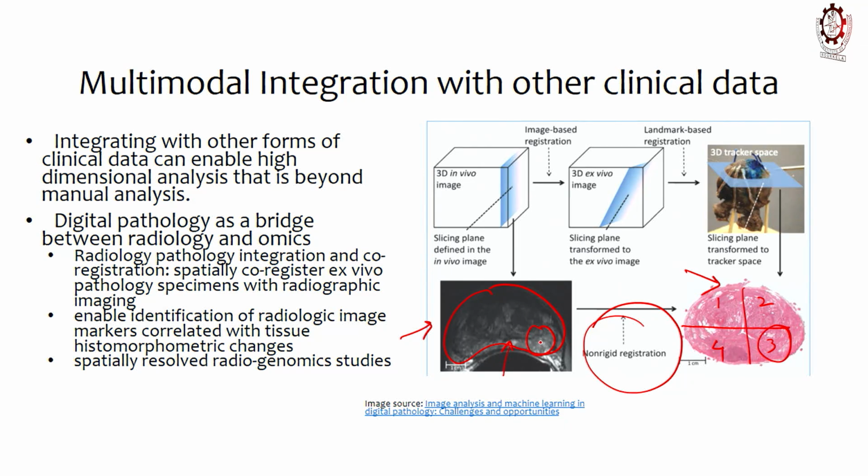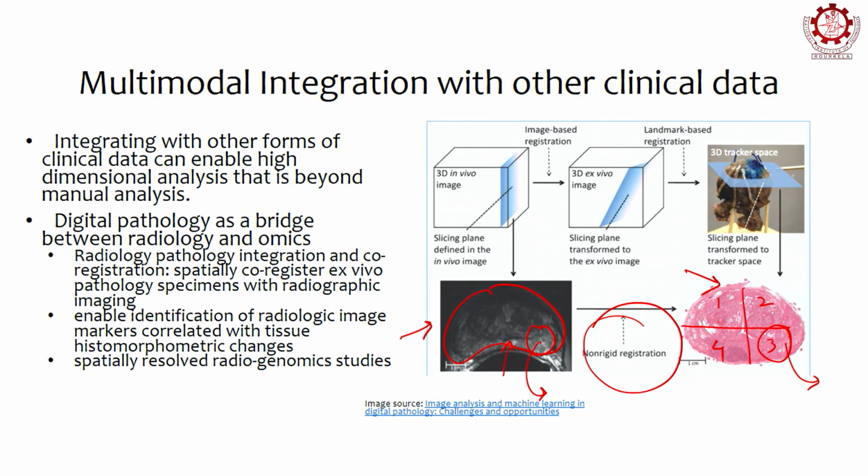Now you can study what the radiology features associated with this part are, and what the corresponding pathology features in this part are. Once you have the features coming from different modalities, you can do a correlation analysis, an associative study, to see how features at one length scale are related to features at another length scale.